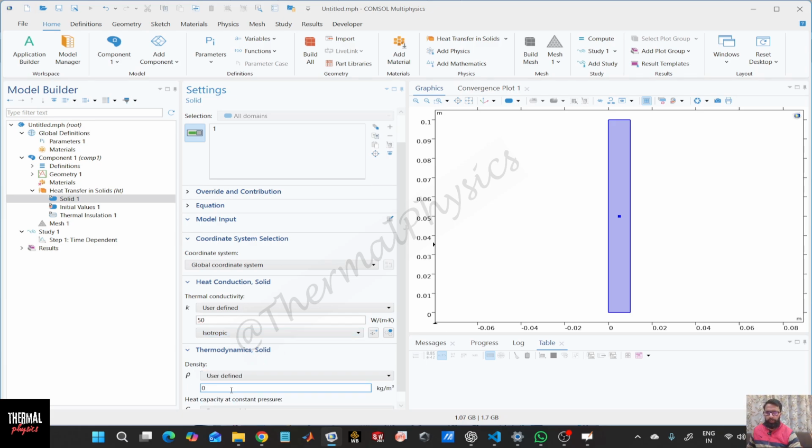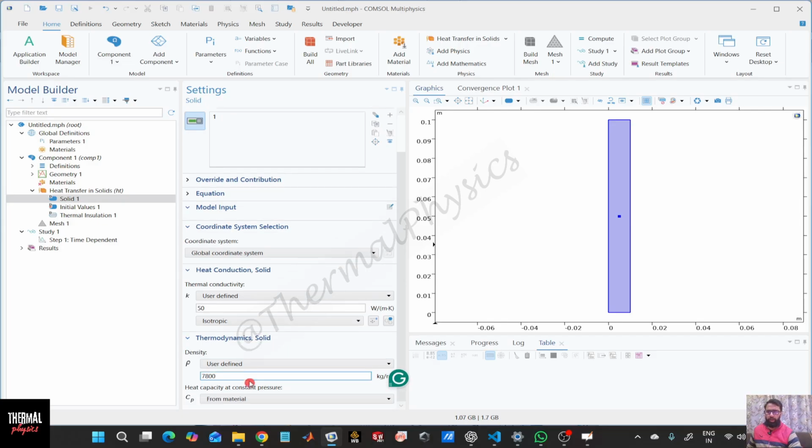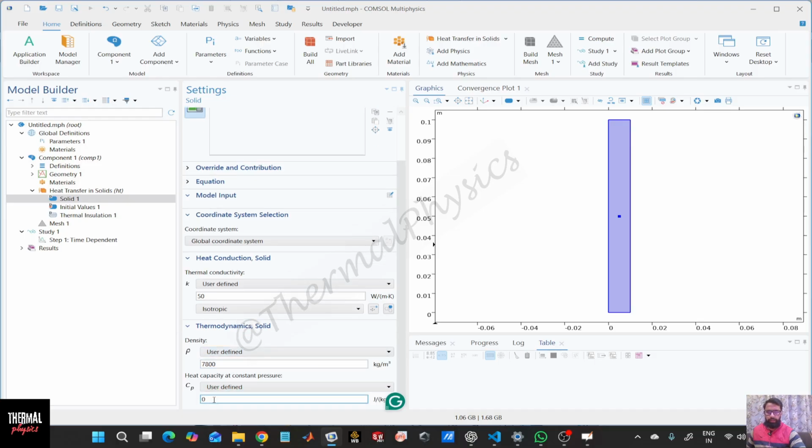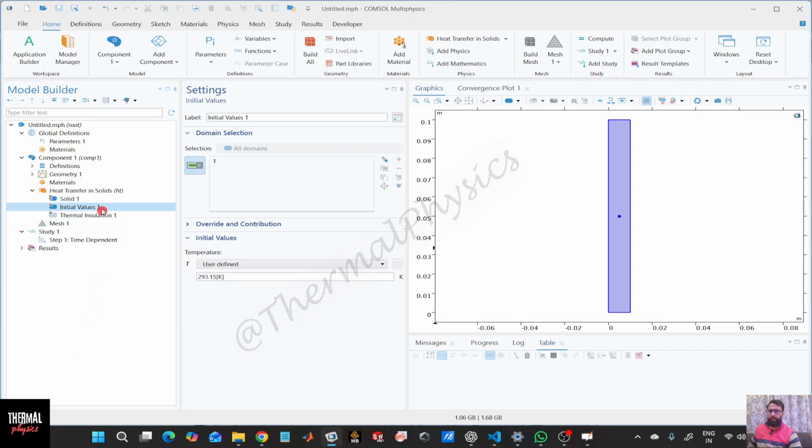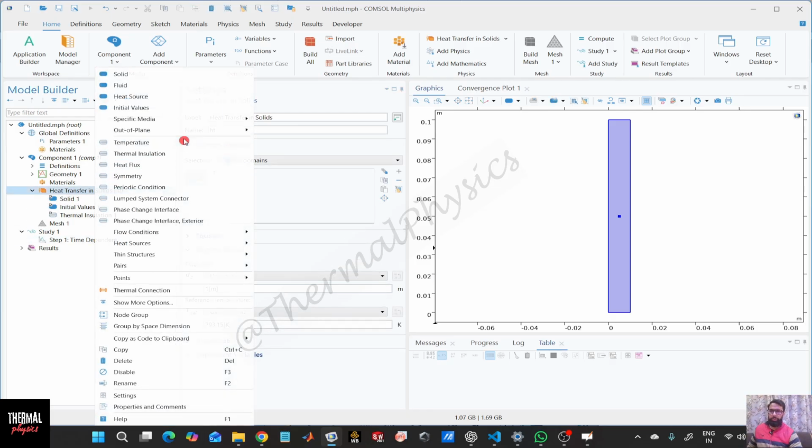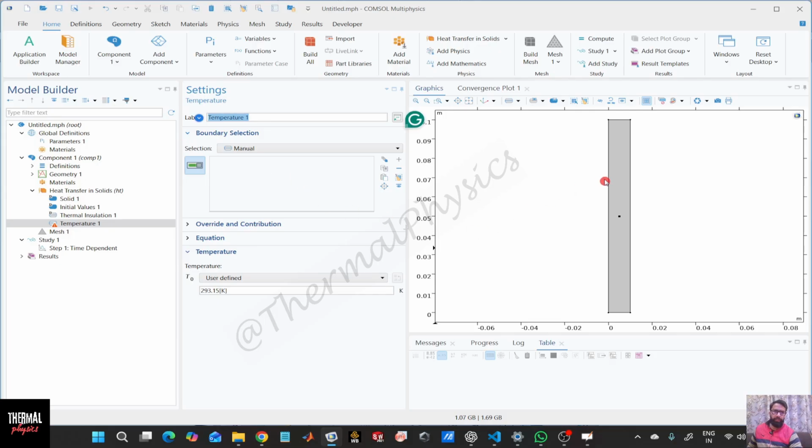Our rho value is 7800 and Cp is 500. Then initial values: initially it is at 300, and we'll apply temperature at this side, which is again 300.